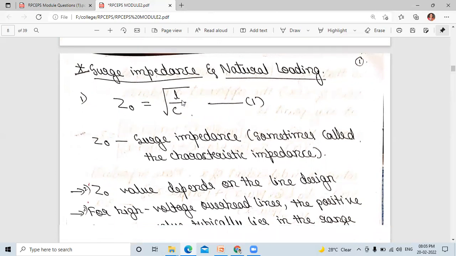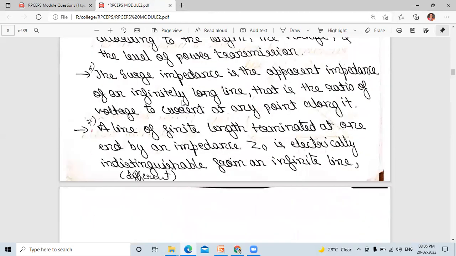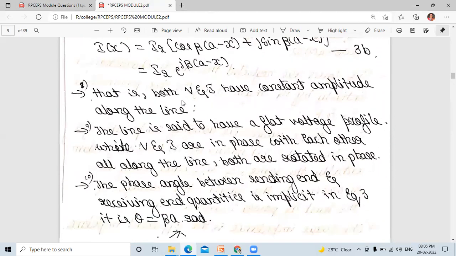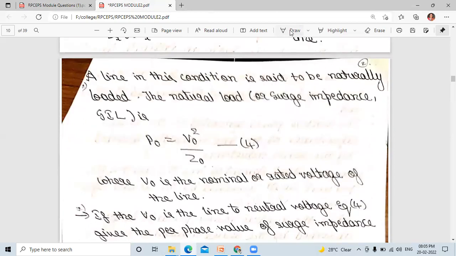At least you need to mention 5 points regarding surge impedance, and these equations are related to surge impedance only. From here you will get the points regarding natural loading. From here also you can write 4 to 5 points, and for surge impedance also 4 to 5 points.